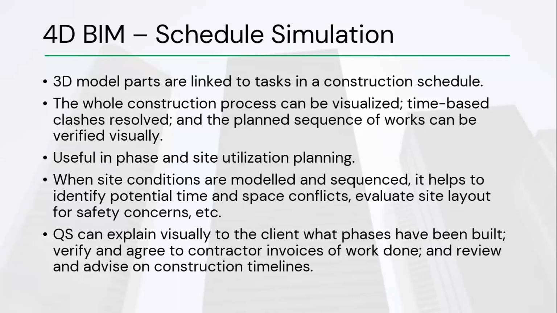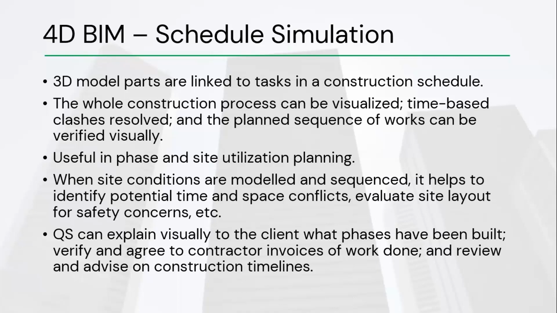We can also see information on labor, materials, and equipment, their planned deliveries on site, and how construction equipment, the movement of workers, and the movement of visitors are going to be in a 3D simulation. So that's the site utilization planning.